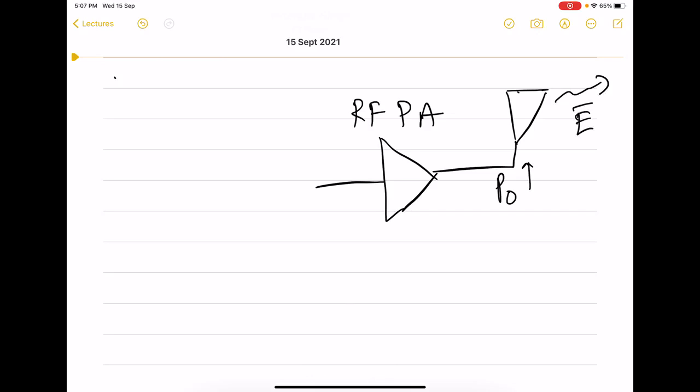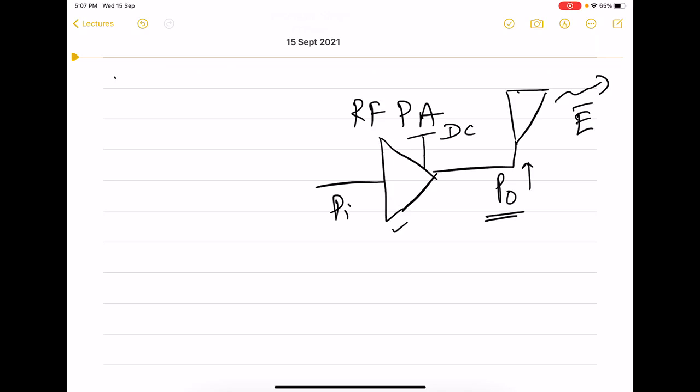So the distance up to which this signal can be received is decided by this power which is fed to the antenna. And this power is produced by this amplifier, which takes a certain amount of input power, and then it basically draws more power from the DC supply and converts this DC power into RF power.